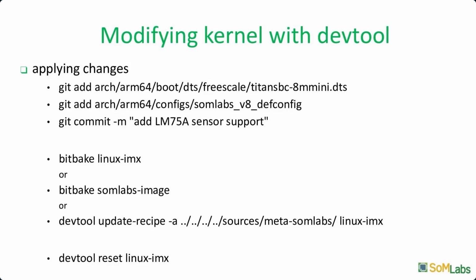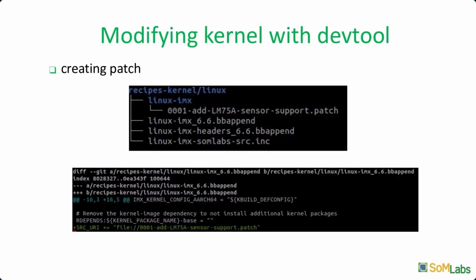So our changes will be distributed with our meta layer, so we won't need to modify them in an external way. Just provide the patch for the kernel and distribute it with the meta layer, and finally the patch itself will be located in recipes-kernel/linux-imx/0001.